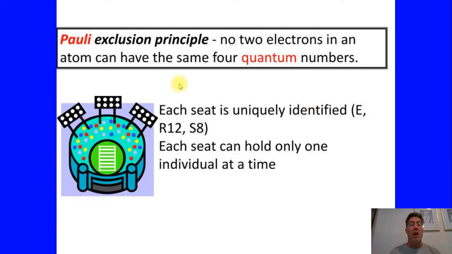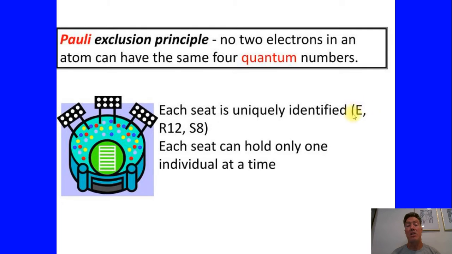Now this leads us to the Pauli exclusion principle, and that is that no 2 electrons in an atom can have the same 4 quantum numbers. Just like no seat in a stadium can have exactly the same identifiers. So whenever you pick a seat, it's going to have a unique way to identify it from every other seat in the stadium.